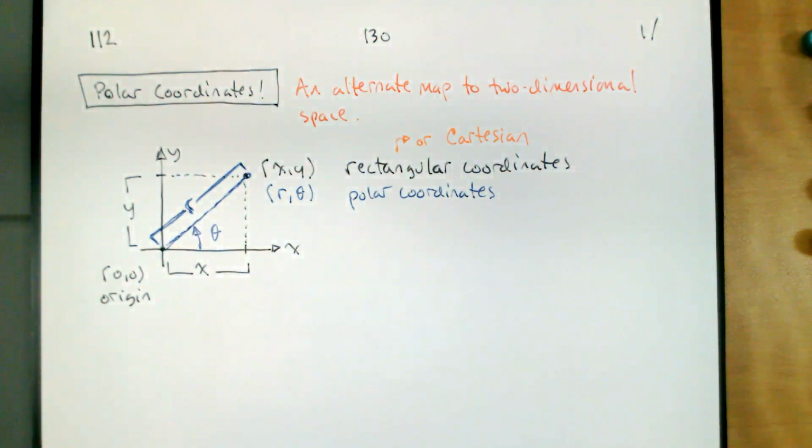So here we have polar coordinates. These will produce some very different looking graph paper. Because instead of a bunch of horizontal and vertical lines that are all perpendicular and parallel lines, we'll have a bunch of concentric circles for all the different distances from the origin. And then we'll have a bunch of angles going around.